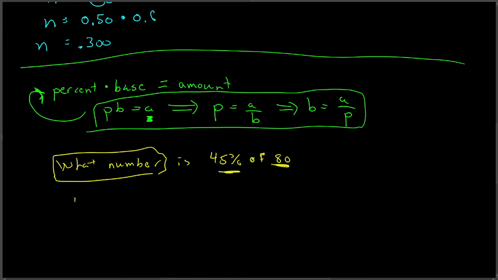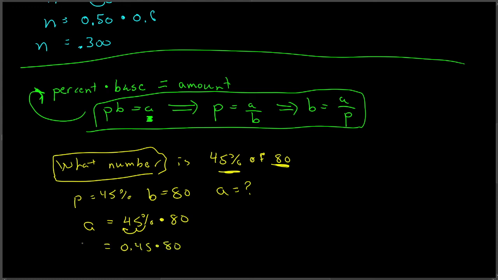So I could say that the percent is 45, the base is 80, and then A, the amount, is what we're looking for. So A equals 45% times 80. I'll move my decimal place over twice to the left. So 0.45 times 80. And so the amount is 36. Run to the calculator.